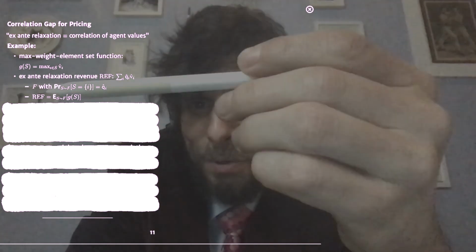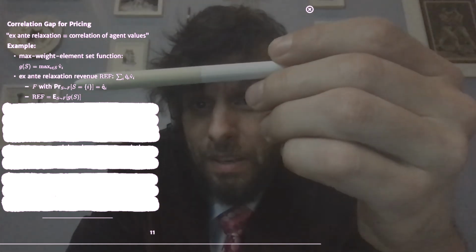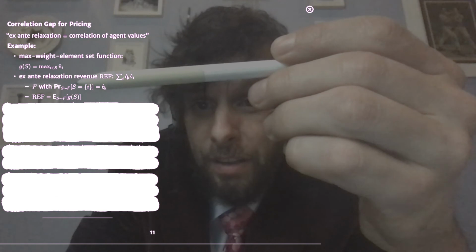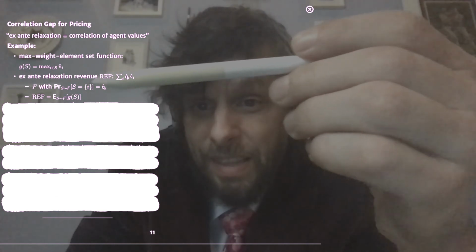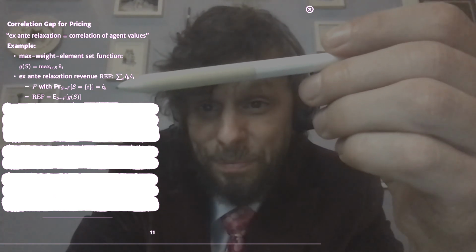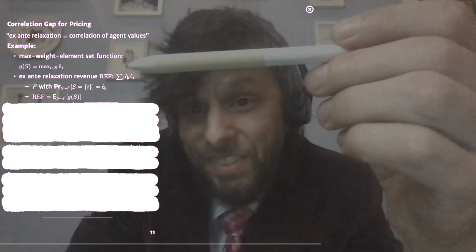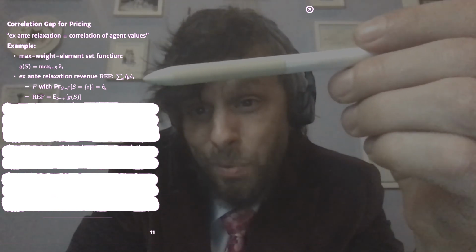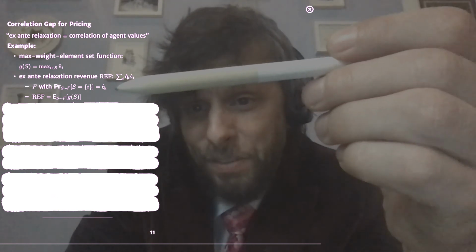My correlated distribution F draws the subset S, and the probability that the subset is equal to the singleton i is exactly q i hat. Since the q i hat sum to 1, there's no probability that any other set shows up.